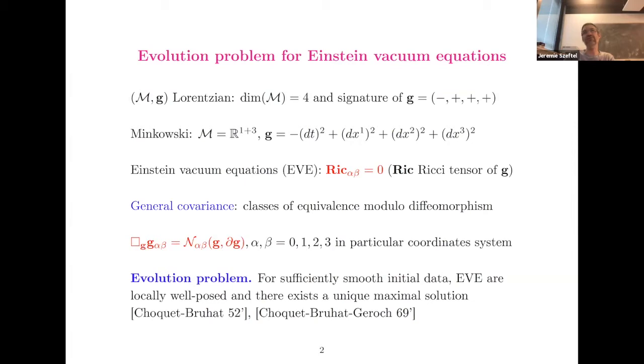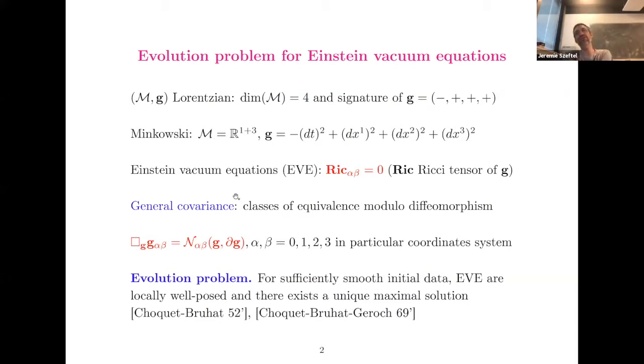It's a 4-tensor that contains all the information on the curvature, and the Ricci tensor is a trace of this curvature tensor, so it has only partial information on the curvature. And this is in fact a system of equations, because the Ricci tensor is a 2-tensor. It's a symmetric 2-tensor in dimension 4, so it amounts to 10 equations.